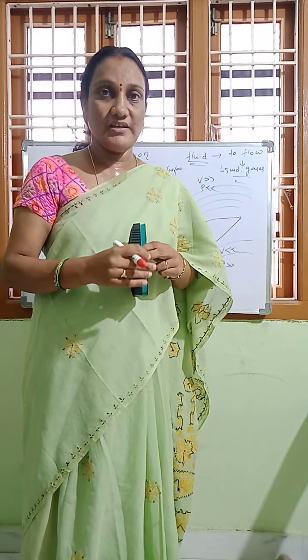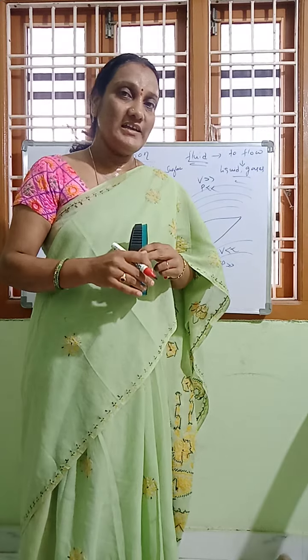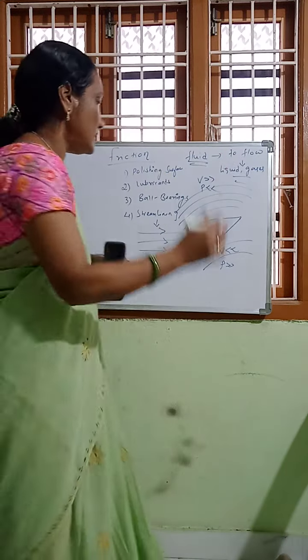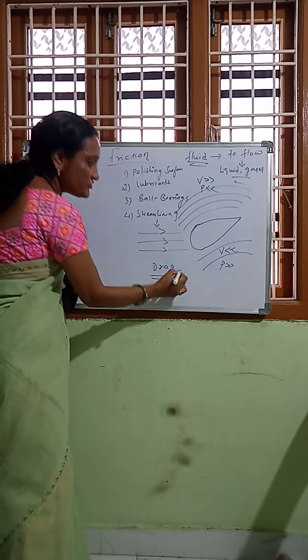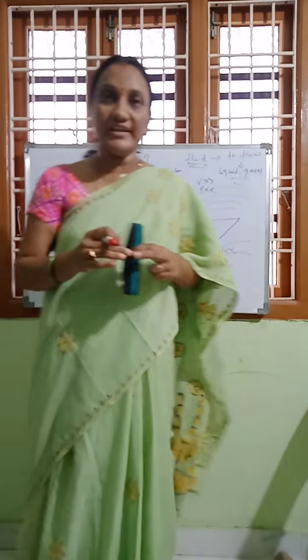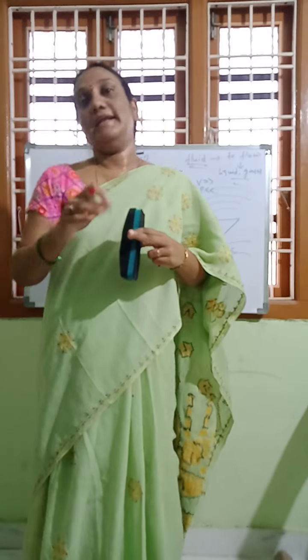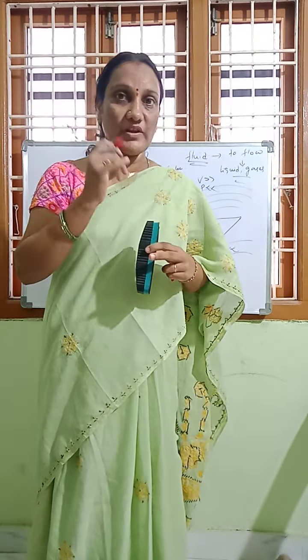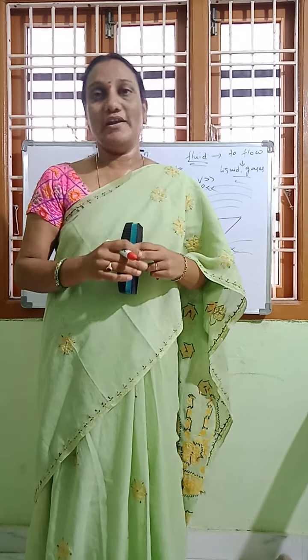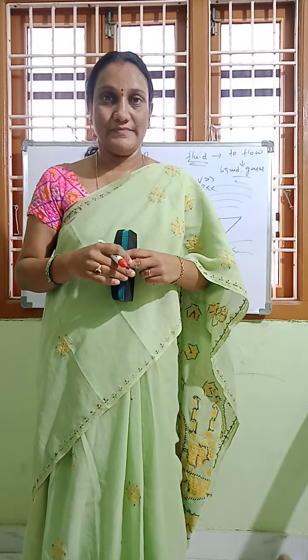The friction created in the layers of fluid, we call drag. So what is drag? The friction created in the layers of fluids, either liquid or gas. That we call drag.